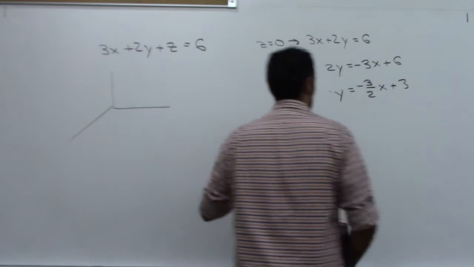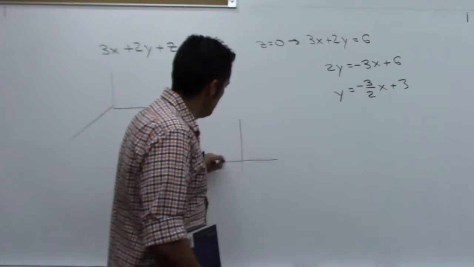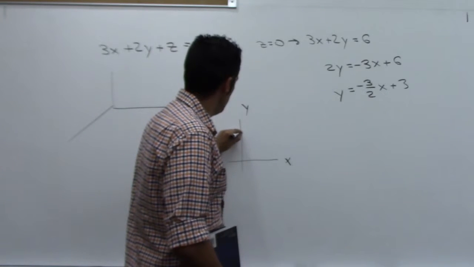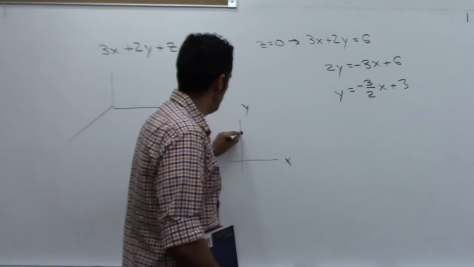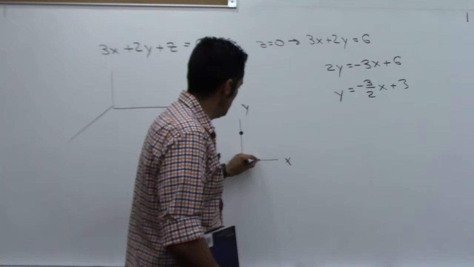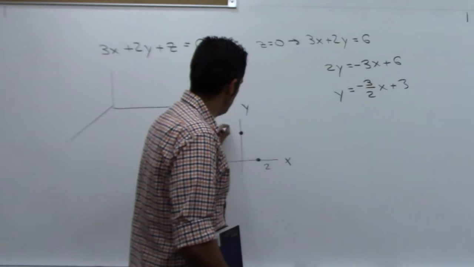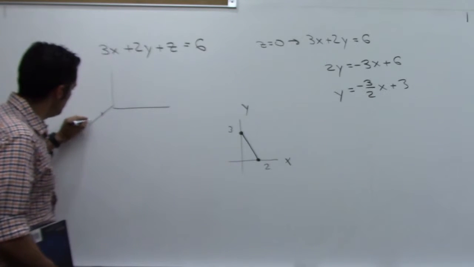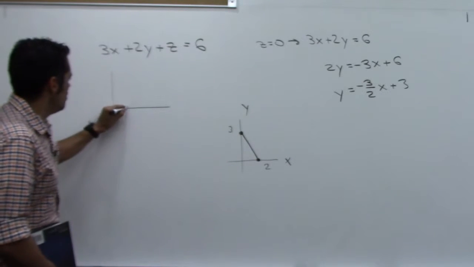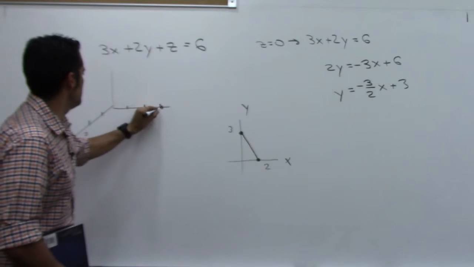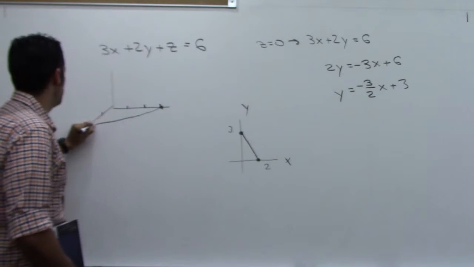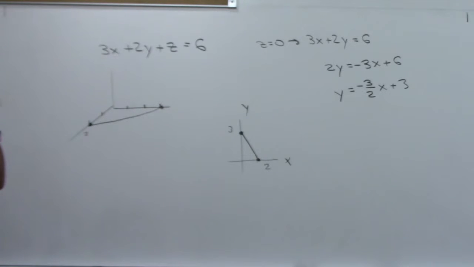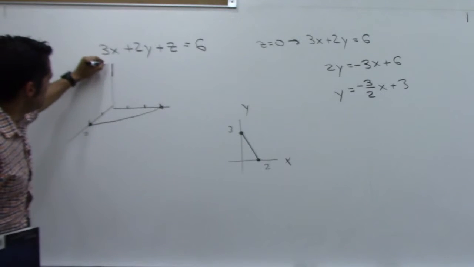So if I'm looking at this in two-dimensional, this is x, this is y. I go up to 3 here, and over 2, it hits here at 2, here's 3. Right there, so something like that. So 1, 2 on my x-axis, 1, 2, 3 on my y-axis. This is where my plane cuts through, and it's like a tetrahedron. It actually hits up here at 6.